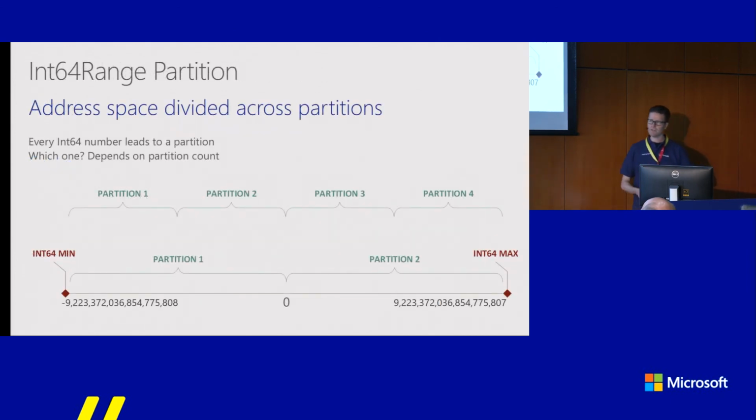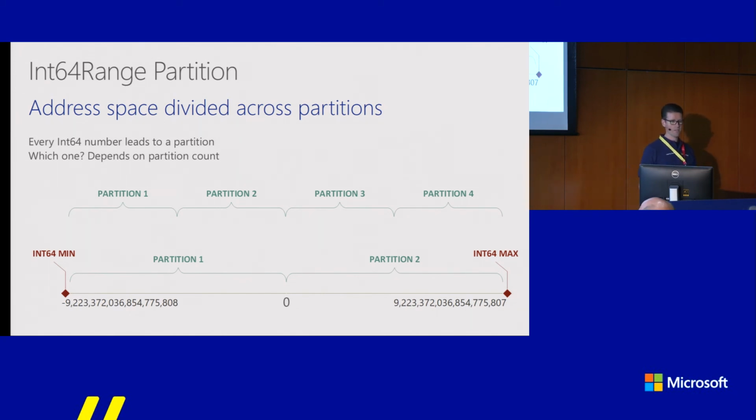All right. So usually, stateful services use the Int64 Range Partition. There's also such a thing as a named partition, but today I will be using the Int64 Range Partition. And it's important you know how that works. The principle is quite simple. There's an address space between Int64 min value and Int64 max value. And that address space will be divided across your partitions.